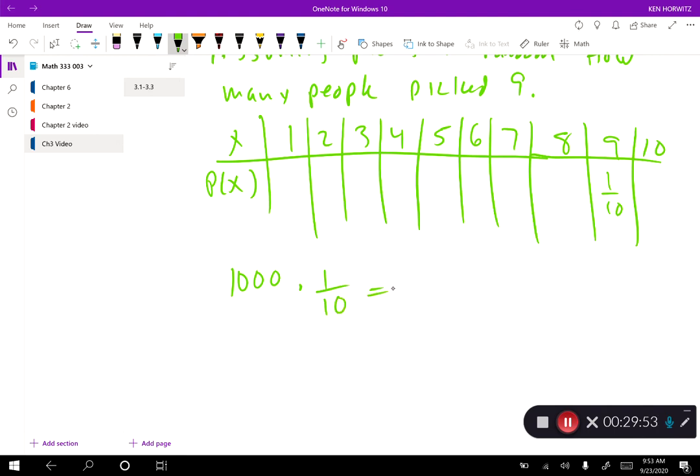And how many people do I expect should be picking a 9? 100 people should pick a 9. Always got to put in some sort of a sentence.